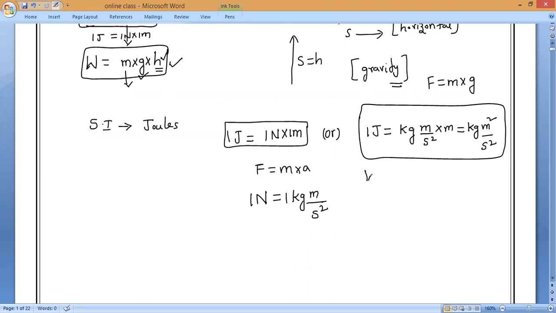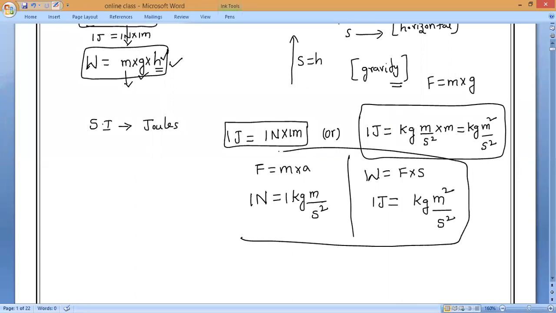Now, work done is equal to force into displacement, so in place of force I can write this one. So what is the formula? 1 joule is equal to kilogram meter square per second square. Have you noticed the difference, everybody? That is the most important thing you need to remember, because when we are converting the units, you have to remember this.